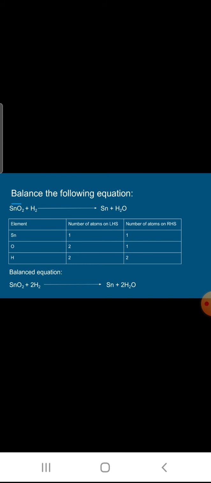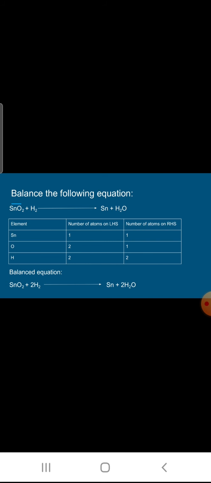There are 2 atoms of oxygen on the LHS, but only 1 on the RHS of the equation. Therefore, you need to put coefficient 2 in front of H2O to balance oxygen atoms. So, your equation will be SnO2 plus H2, arrow, then Sn and 2H2O.